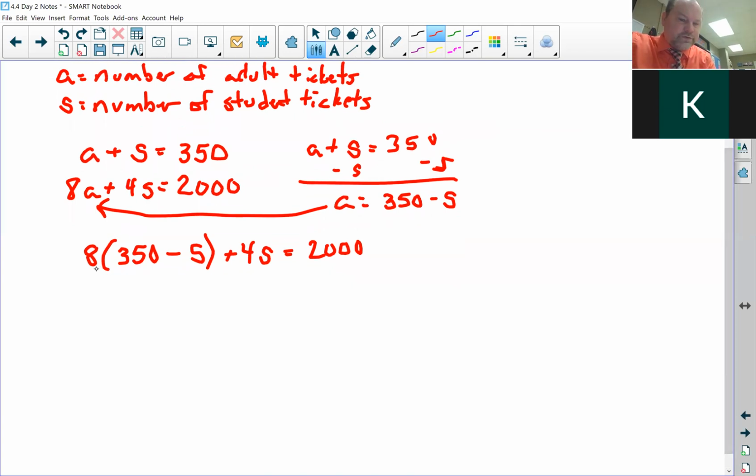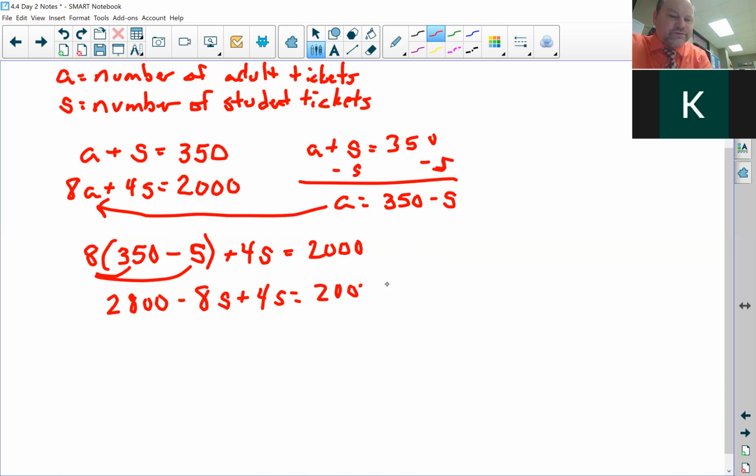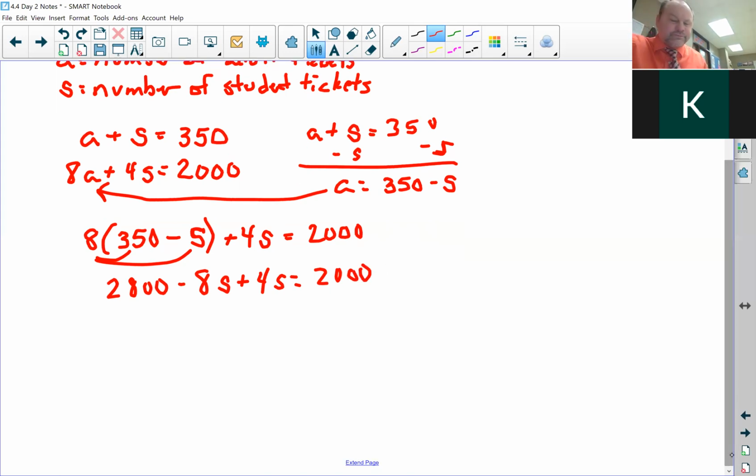And now solve. So distribute the 8. 8 times 350 is 2,800 minus 8S plus 4S equals 2,000. Combining my like terms on the left-hand side, I have minus 8S plus 4S.